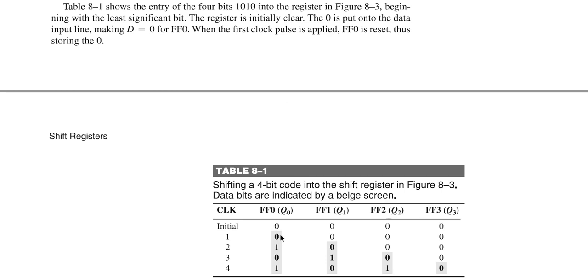Then on the second clock pulse, this 0 is forwarded to FF1 and the next 1 passes into FF0. On the third clock pulse it becomes 010, and on the fourth clock pulse it becomes 1010. So for the initial 4 clock pulses, the input is shifted towards the flip-flops and the value 1010 is stored in the 4 separate flip-flops.